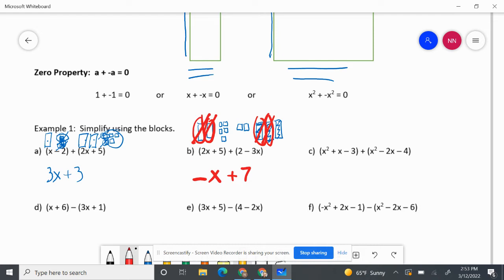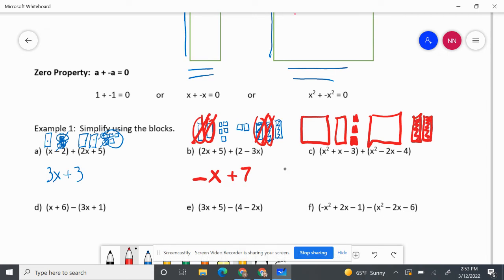Now for letter C, I have x squared, so that would be a big square. And I have an x, and I have 3 negatives. So I have 1 negative, I have 2 negatives, I have 3 negatives. I have another big x squared. I have a -2x, so I have 2 x's. Since they're negative, I fill it in, just reminding myself those are negatives.